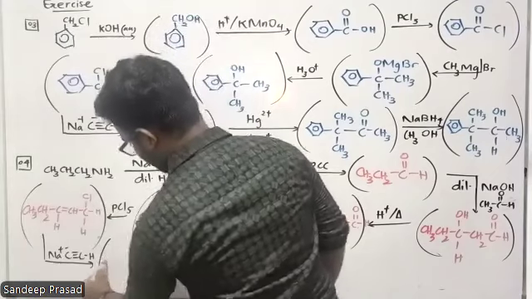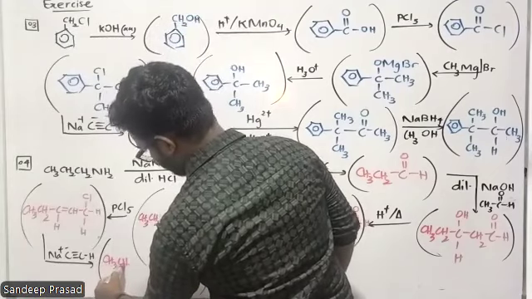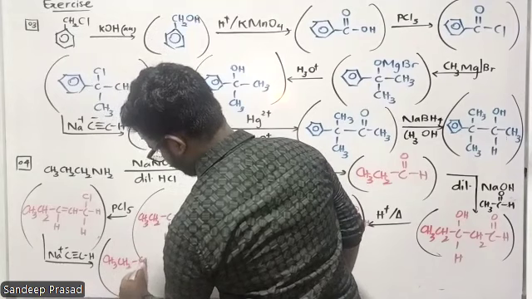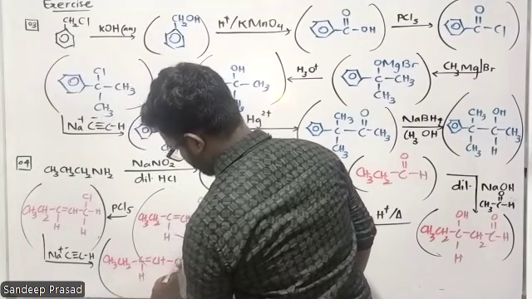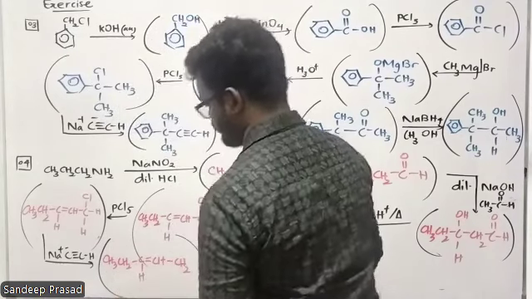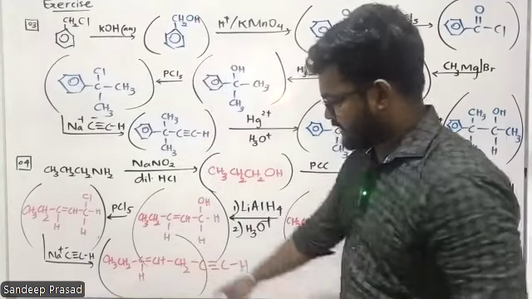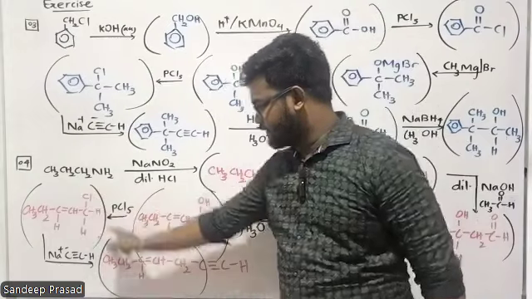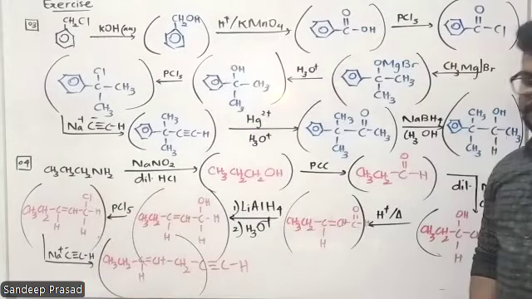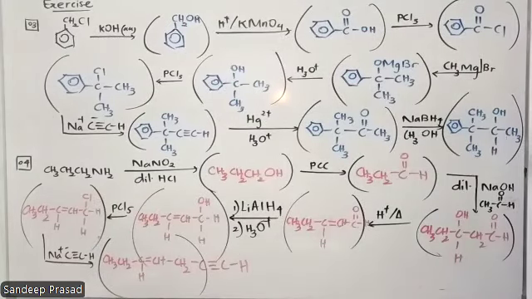So when we add sodium derivative, the answer is CH3, CH2, CH, CH2, C triple bond, because that chlorine is eliminating with sodium plus and this group is connected. So that is the fourth one.